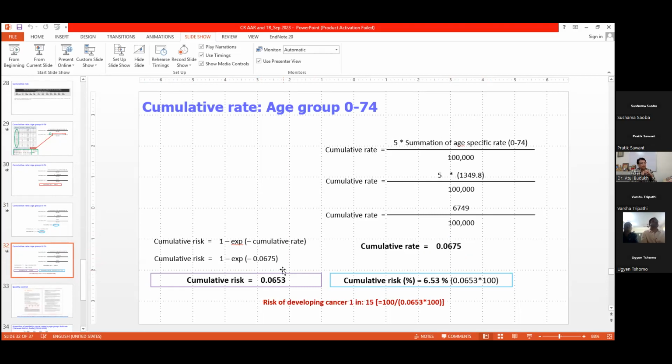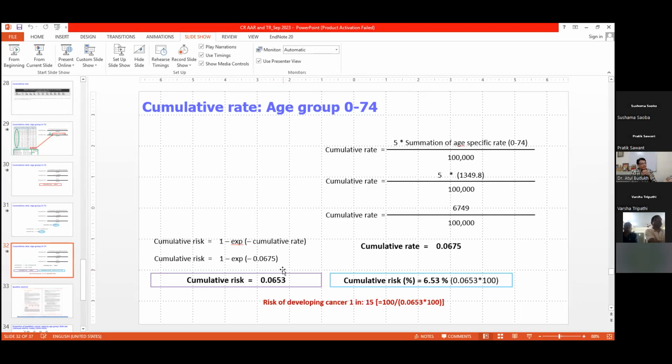Nepal team, is it clear to you? Excuse me, sir. Yes, ma'am. We are from the Indonesian team and have a question about the one in risk of developing cancer. We still don't understand how to get the number one in here.